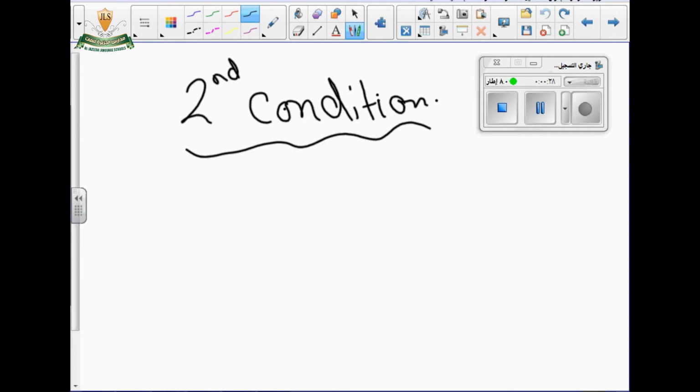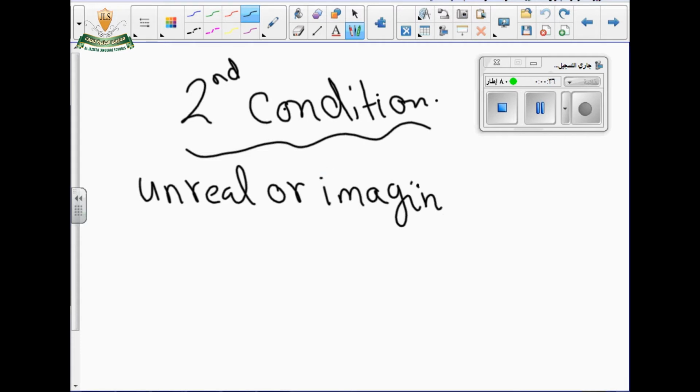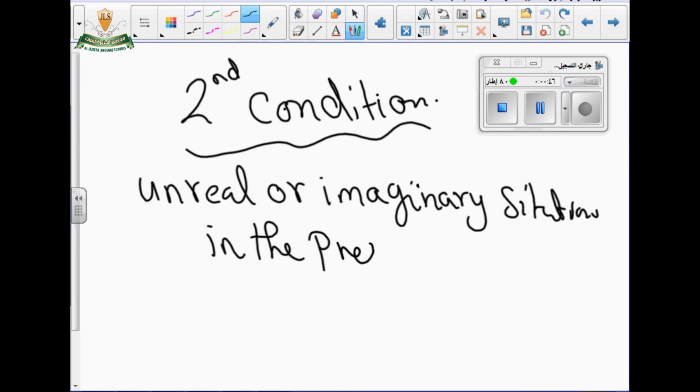The second condition is called unreal or imaginary situations in the present or the future.